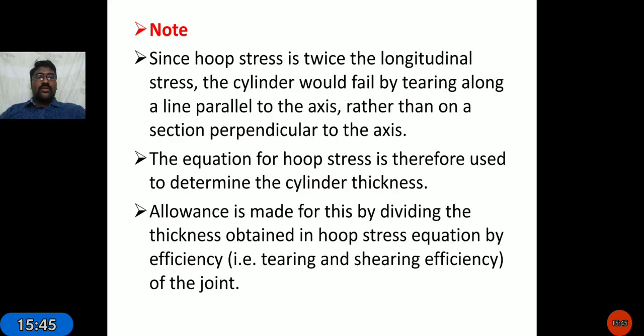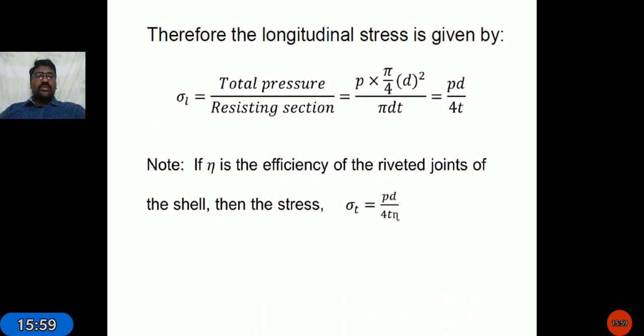Okay, next, we need to note some points. Since the hoop stress is twice the longitudinal stress, because observe here sigma L equals Pd by 4t, it is half of the circumferential stress.